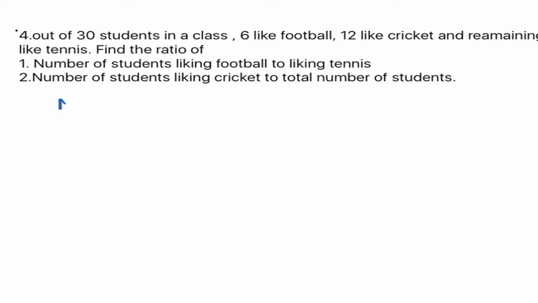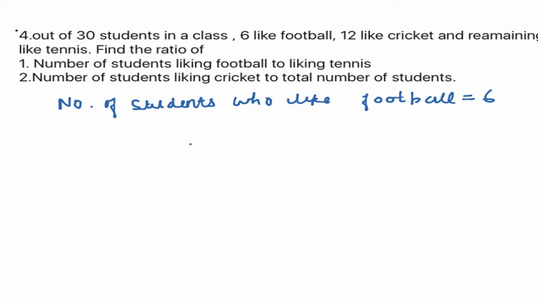So first of all we will write all the things that are given in the question. The first is the number of students who like football. They have given there 6. It means 6 students like football. The next we will write the number of students who like cricket. So how many students like cricket? This is 12.